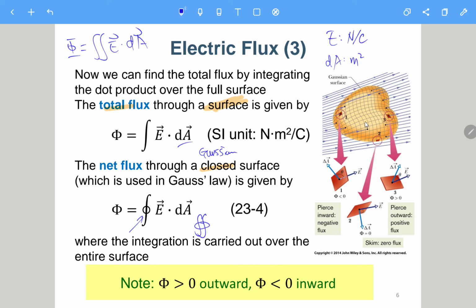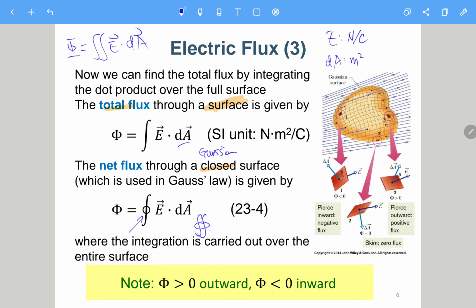An analogy: you can define the Gaussian surface to be this classroom, which includes all of us here. If we count the flux of people, someone going outside the classroom gives positive flux, and someone going inside gives negative flux.